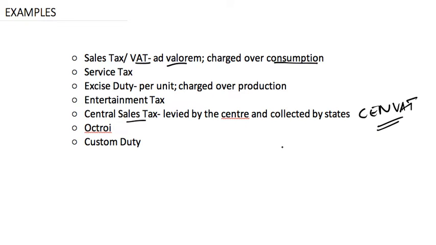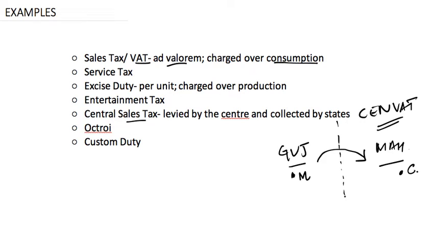A product may not be produced and consumed in the same state. This is Gujarat and this is Maharashtra. A product is manufactured here, travels to Maharashtra and is consumed here. So, it is crossing the state borders.